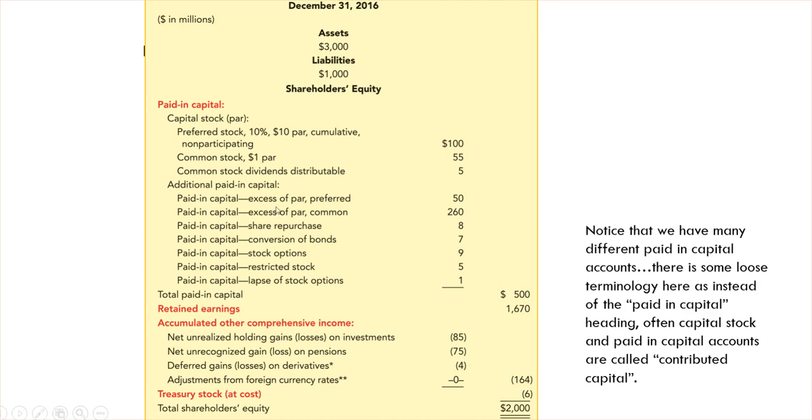The paid-in capital in excess of par for preferred is the amount above par value, that is market minus par, times the number of shares issued. And this is for preferred. The same calculation is done for common. Paid-in capital share repurchase: when you see repurchase, what we are talking about is treasury stock transactions. We'll discuss those. Paid-in capital conversion of bonds: what does that mean?